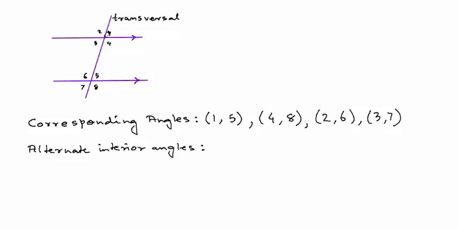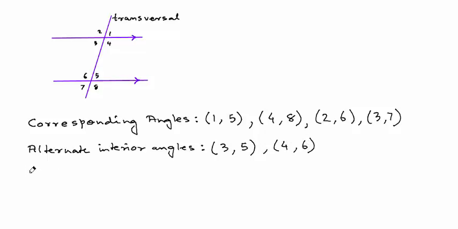So essentially we are referring to angles 3, 4, 5 and 6. If you look at these 4 angles, you will come to realize that the measure of angle 3 is exactly the same measure as angle 5. So we have 3 and 5 as one pair of alternate interior angles, and the other pair is angle 4 and angle 6. So we have 4 and 6.